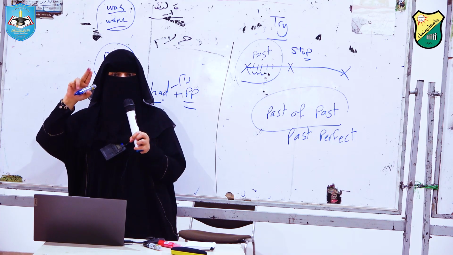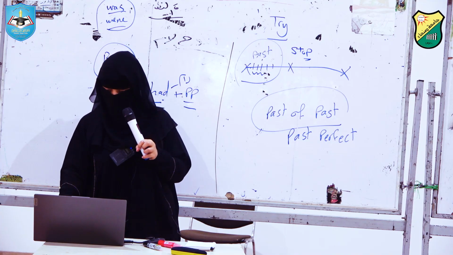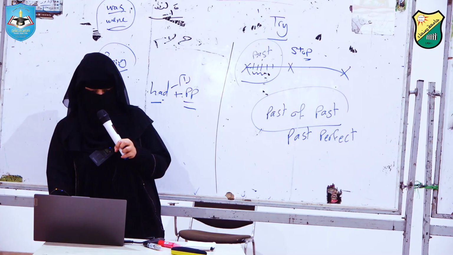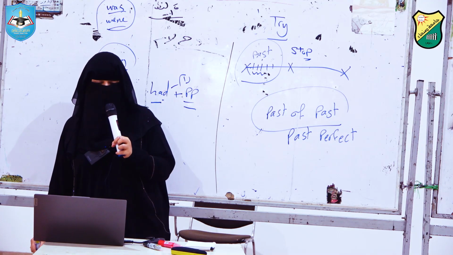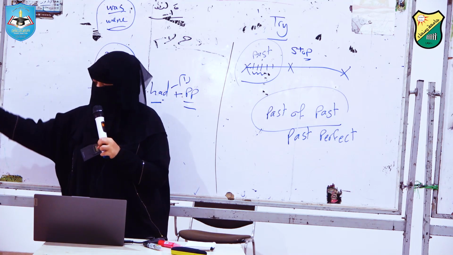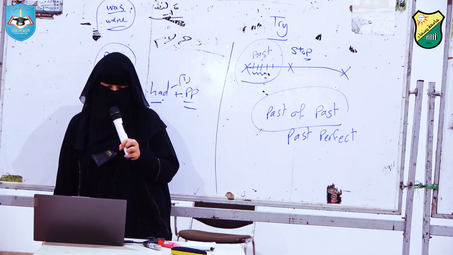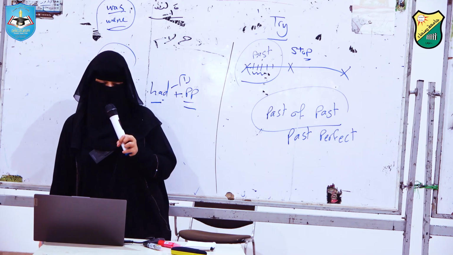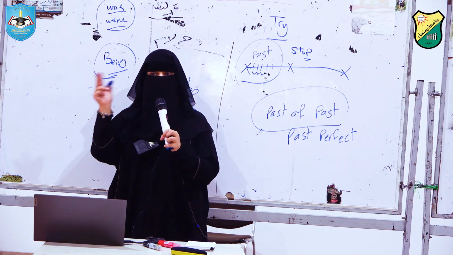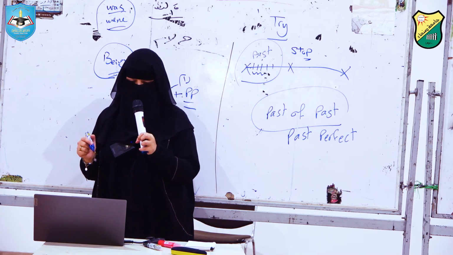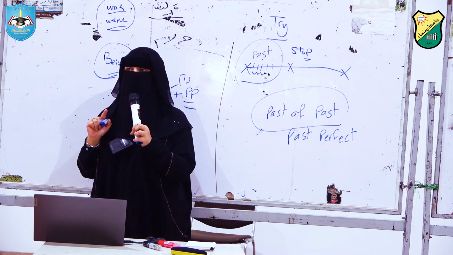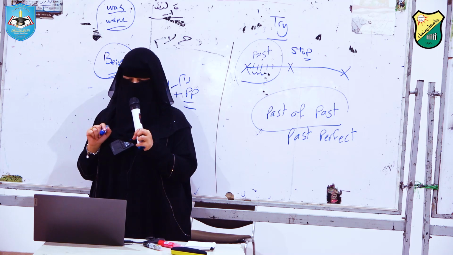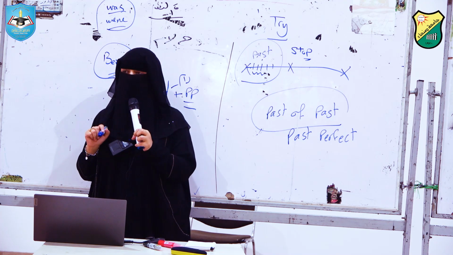We have to join it with another sentence. I will give you examples here. She arrived at the party. Look at the sentence there. Then the other sentence I will explain with past perfect. When Sarah arrived at the party, Paul had already gone home.